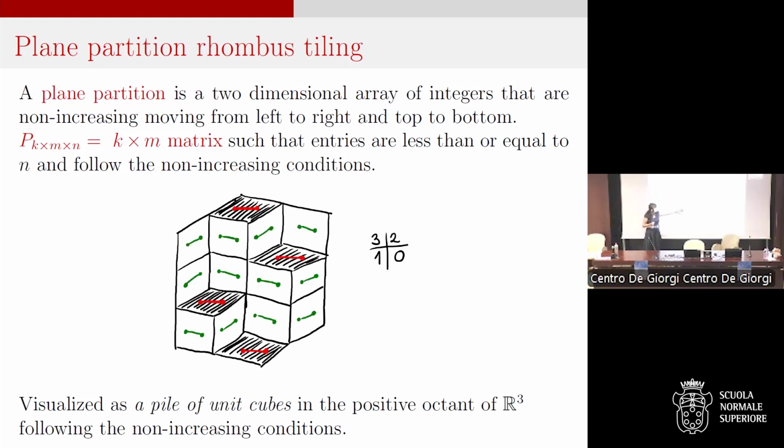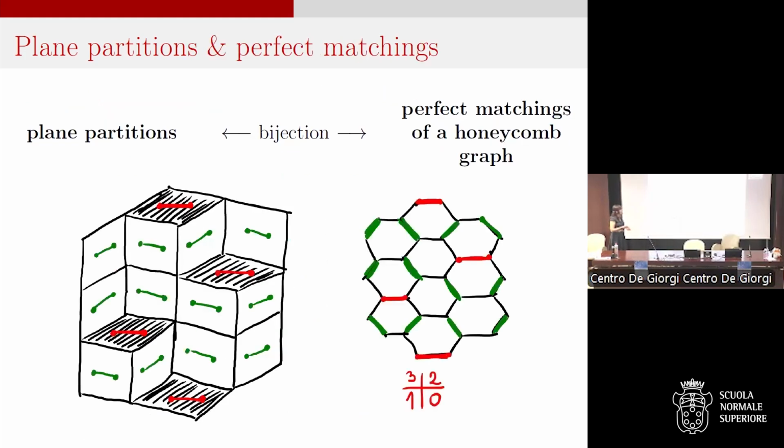When I have these top parts, I put these red edges parallel to some axis. And for these white parts, I put these green edges parallel to the bottom part. Okay, I'm doing something. Why?